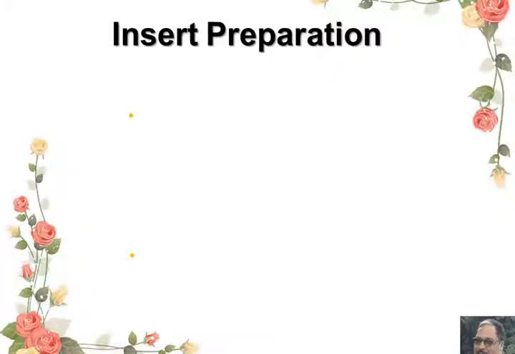Now we shall see the next part, that is insert preparation. The source of insert for cloning may be a genomic DNA, a portion of another plasmid, or a linear DNA fragment. Regardless of the type of source DNA, a common first step in preparation of insert is to perform restriction digestion to generate compatible ends for subsequent splicing into the vector.